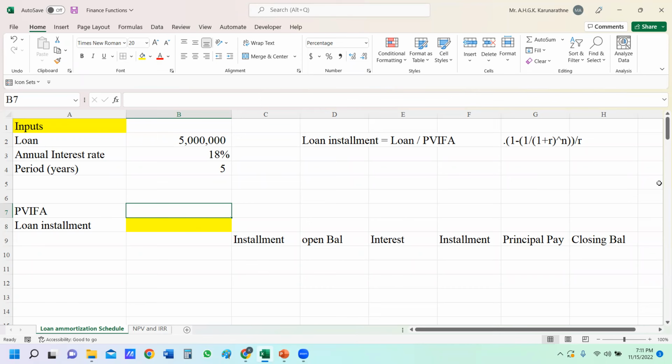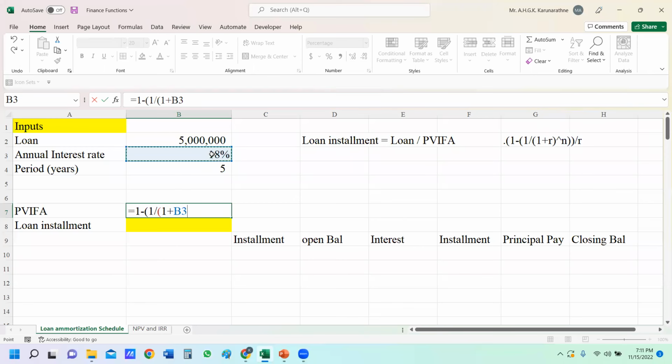We compute the present value interest factor of an annuity: 1 minus 1 divided by (1 plus R), where R is the interest rate, to the power of the number of installments, the number of payments.